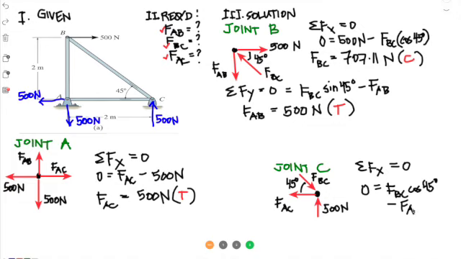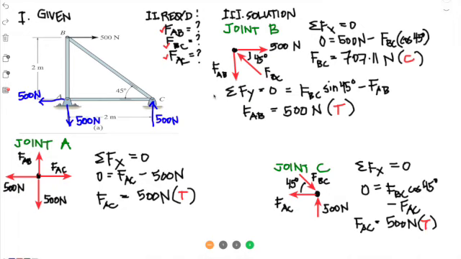If you do that, this is 707.11 times cosine 45, that's the same as sine 45. That gives you FAC, the same thing, which is 500 newtons. Oh, sorry, tension. It tends to elongate joint C.